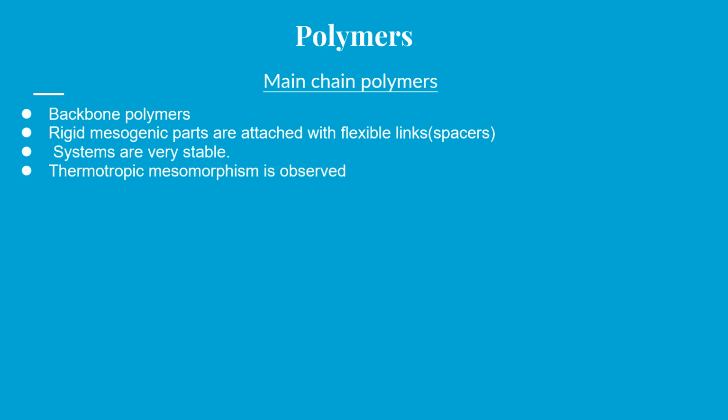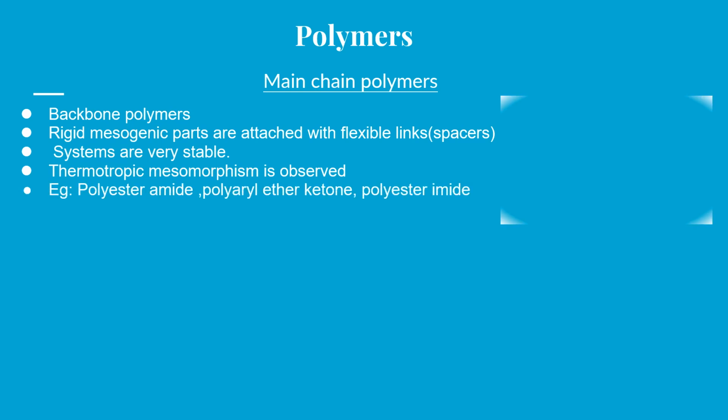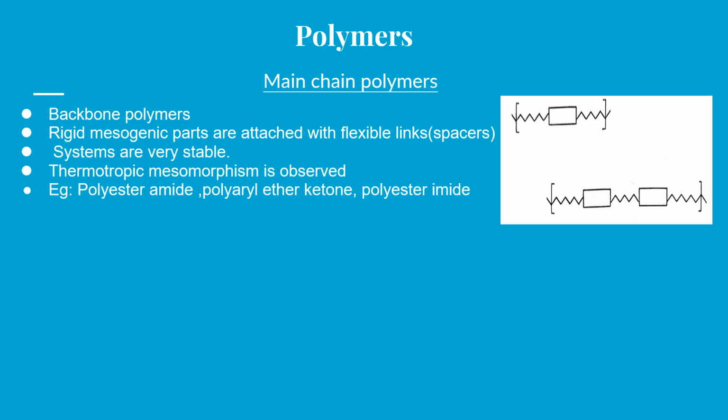The nature of the mesogenic group, flexible spacers and their lengths can be varied to get different main chain polymers. The use of copolymers with different spacers and mesogenic groups, changing the degree of polymerization, etc. also helps in doing the same.